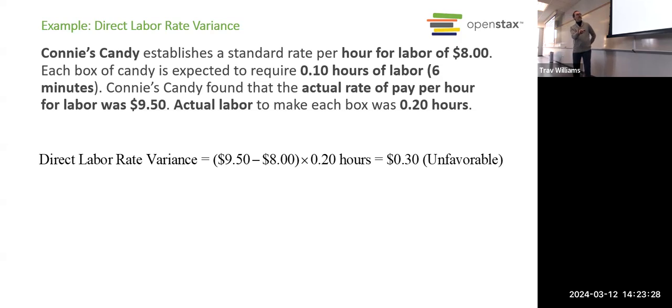That's the actual quantity, and that gives us our rate variance. And as we see, it is unfavorable. So we're spending an extra 30 cents per unit of product. Yeah. Because we're paying a higher rate, okay?